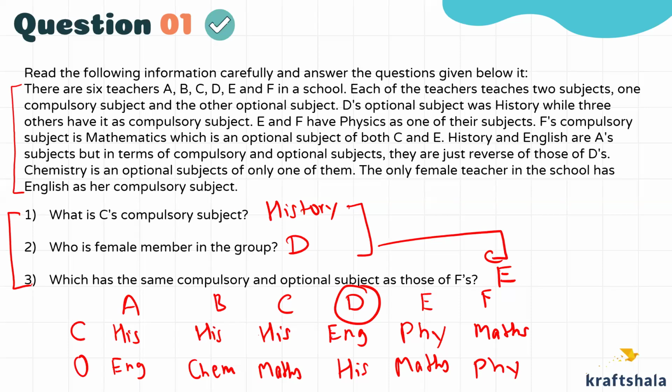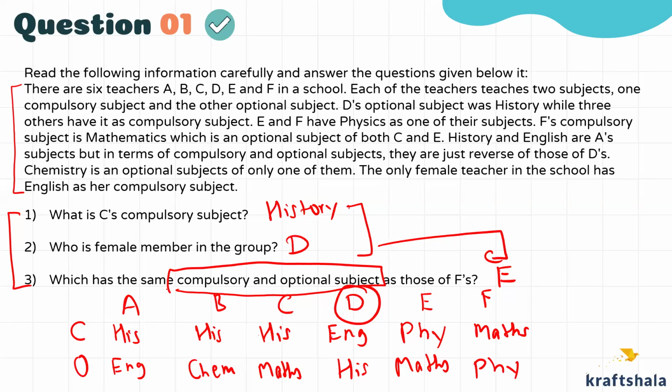Ishan, the third question, it's very tricky, because it asks which has the same compulsory and optional subjects as those of F. Yes. So compulsory for F is maths, right? No, that is your assumption that you are considering it in the same order. It is just asking which has the same compulsory and optional, but it is not mentioning explicitly that it has to be in the same order as well.